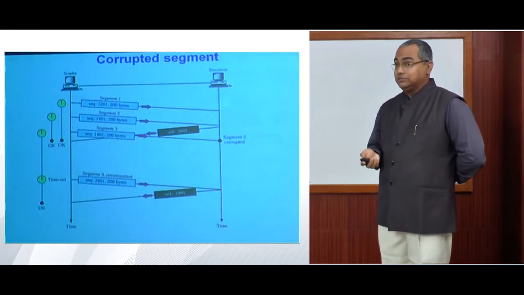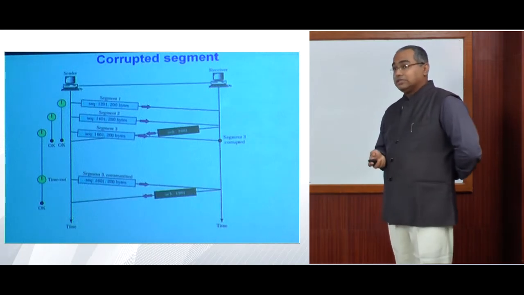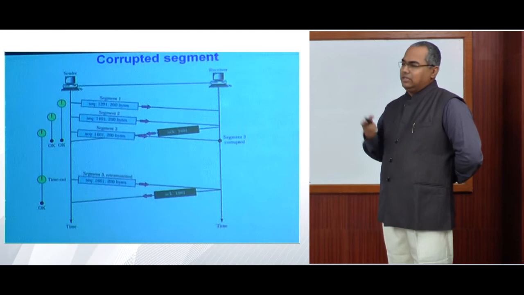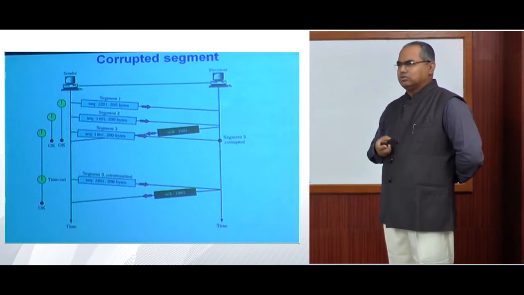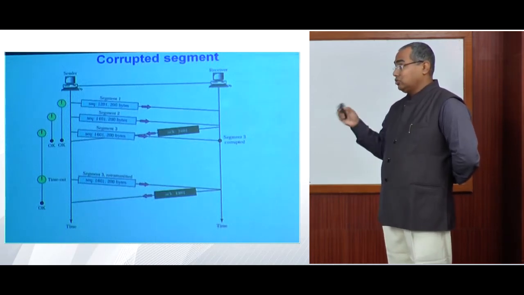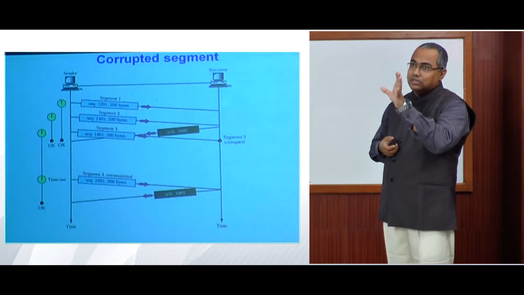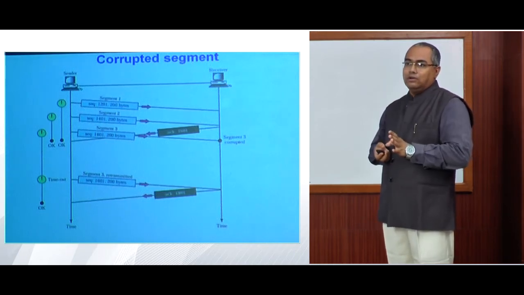Now, I hope that strikes a chord: sometimes when you try to access some web pages and it gets delayed, we have a tendency of saying the internet connection is so poor, so bad. But actually so many things are happening in the background. Accessing a web page means you are using the HTTP protocol.